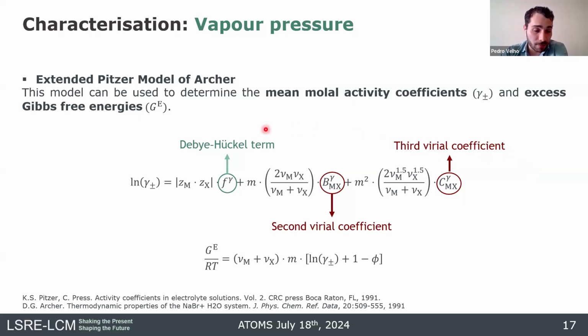And the equations are pretty much analogous to the ones used for the osmotic coefficients, with some modifications in these terms. Now, concerning GE, it is easily determined having in mind the stoichiometric coefficients, molality, the mean molal activity coefficients, and the osmotic coefficients.